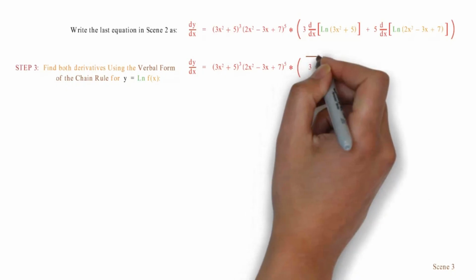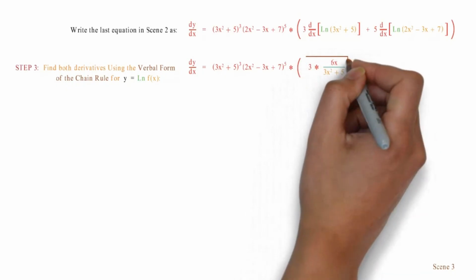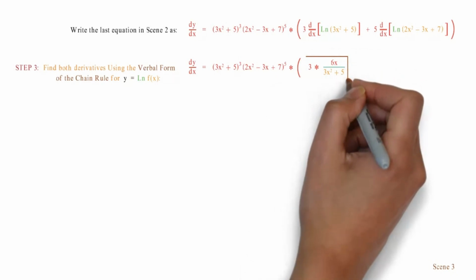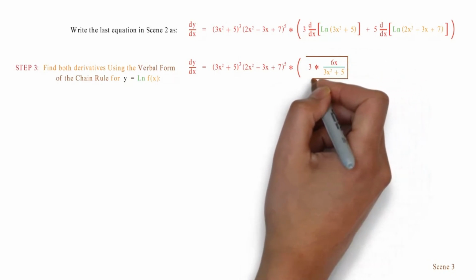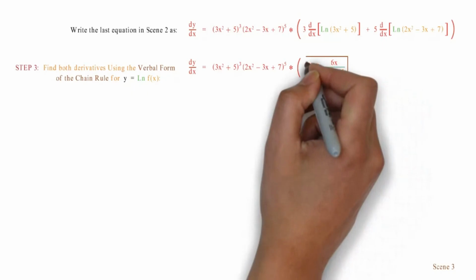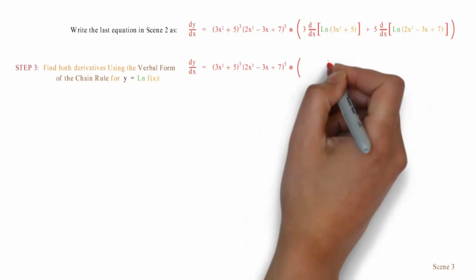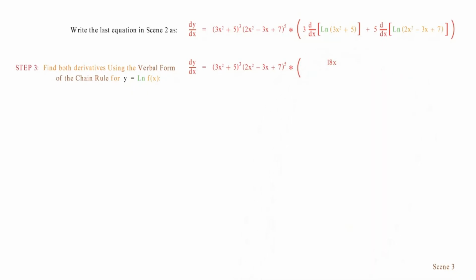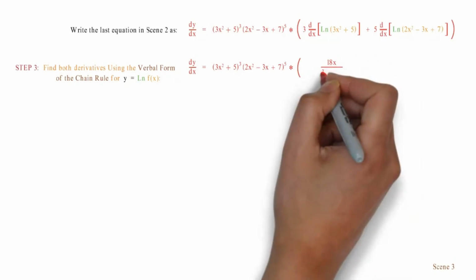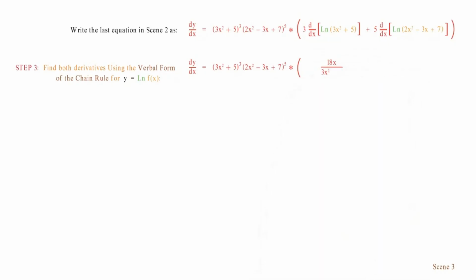And 3 times 6x divided by 3x squared plus 5 is 18x divided by 3x squared plus 5.